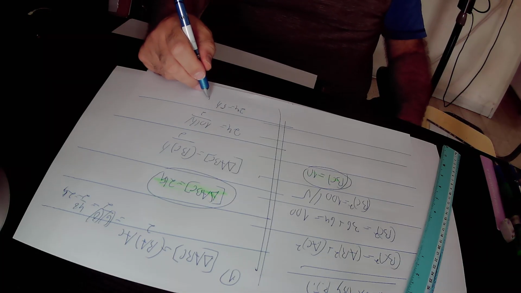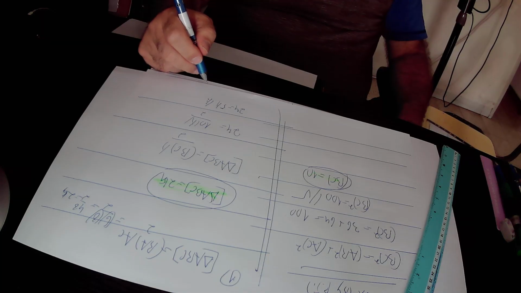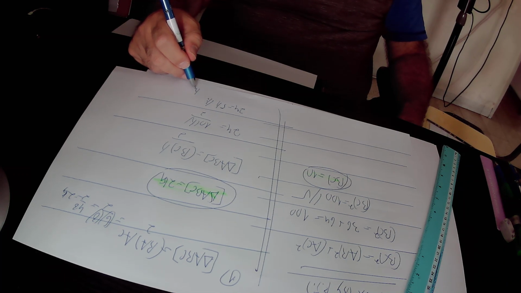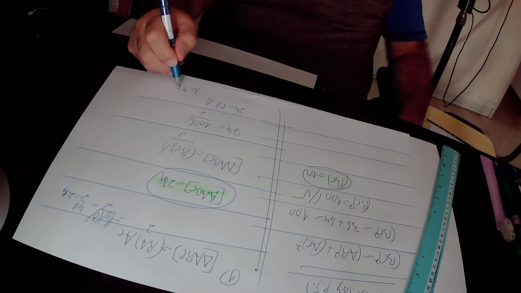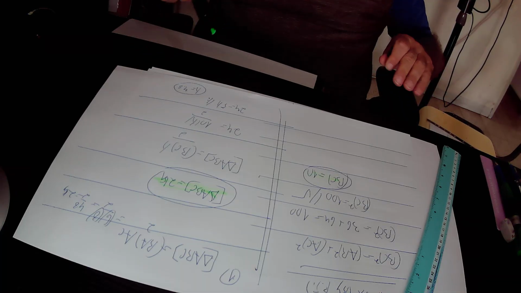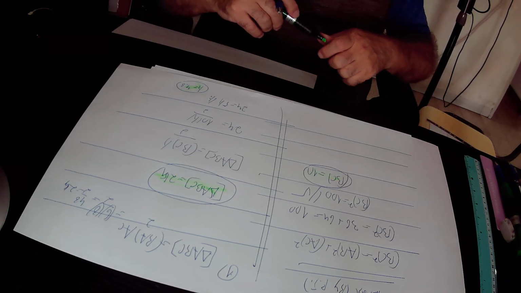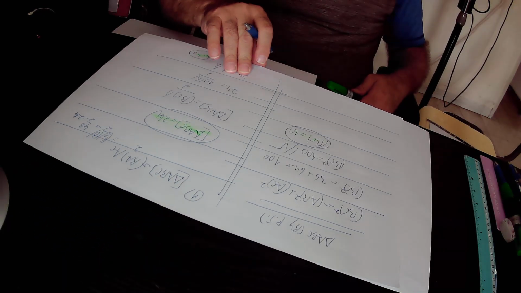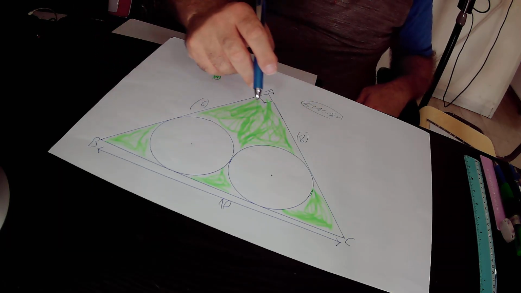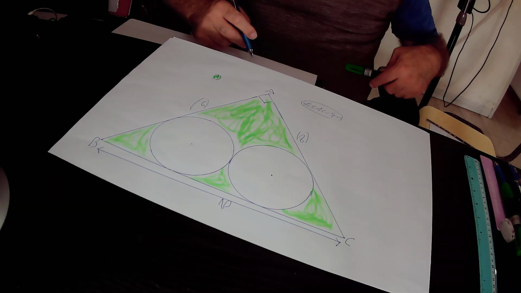Here we divide this equation by 5 and finally get that the height h to the base BC of the right triangle ABC is equal to 24 over 5, which is 4.8 units in length.